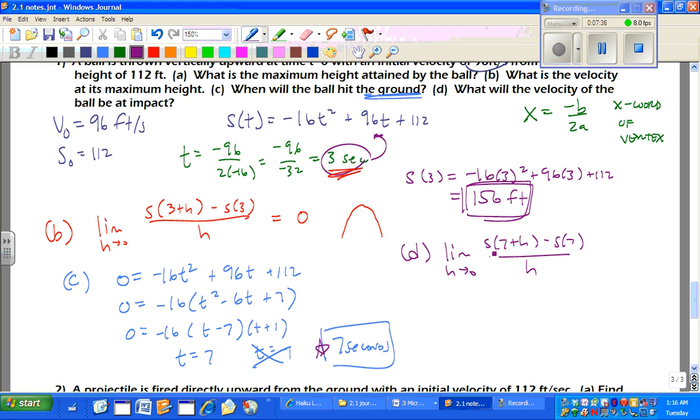All right, so we're just using the difference quotient at this time, so 7 is our a value. All right, just a matter of plugging in for right now. I'm going to stop there. We're not going to go through the whole problem, but we could do it the same way we were doing limits yesterday.